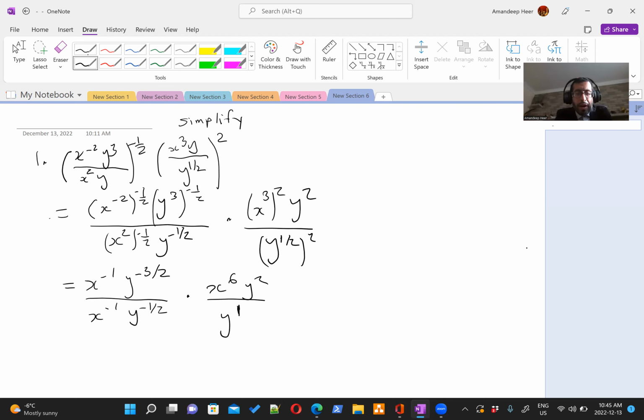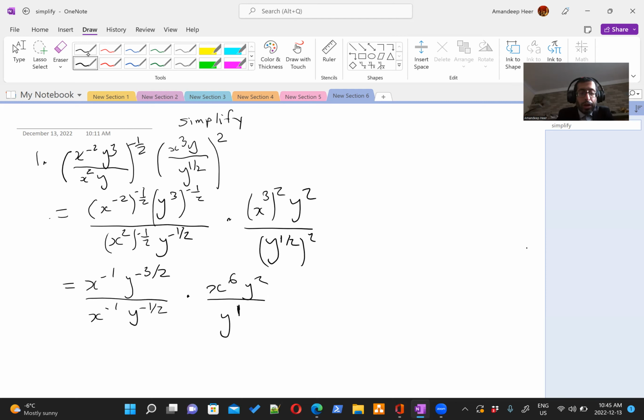Now we can combine all the x terms. We take x to the power of negative 1, this x to the power of negative 1, and x to the power of 6, and we combine them together. Same thing with y to the negative 3 over 2, we combine this together, and vice versa, combining this with the 1 on y to the power of 1.